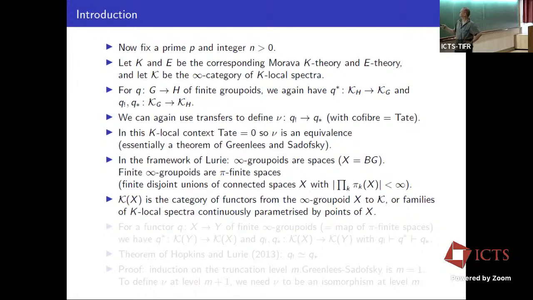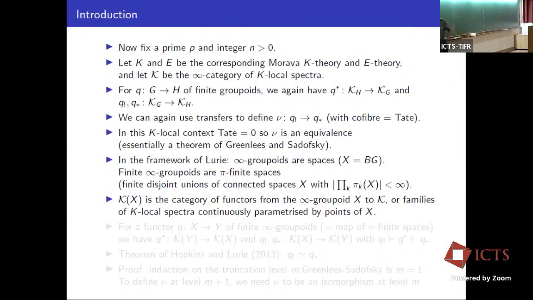I'm going to use slightly different notation, which is supposed to reflect the fact that we're moving between G and BG. So curly K of X, you should think of this as families of K-local spectra continuously parameterized by the points of X, and that's one way to think about it. But we can also think of X as being an infinity groupoid.